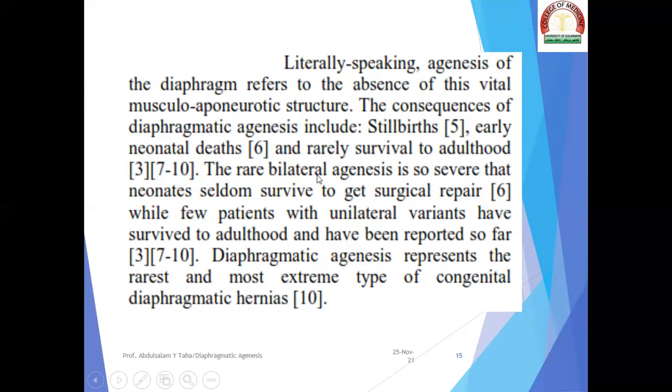The rare bilateral agenesis is so severe that neonates seldom survive to get surgical repair, while few patients with unilateral variants have survived to adulthood and have been reported so far. Diaphragmatic agenesis represents the rarest and most extreme type of congenital diaphragmatic hernias.